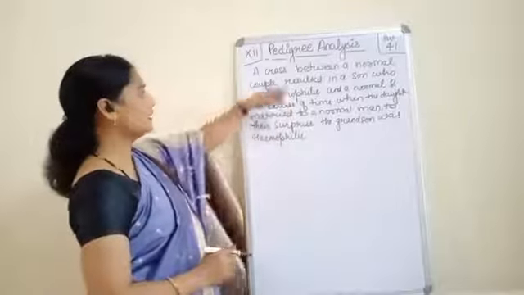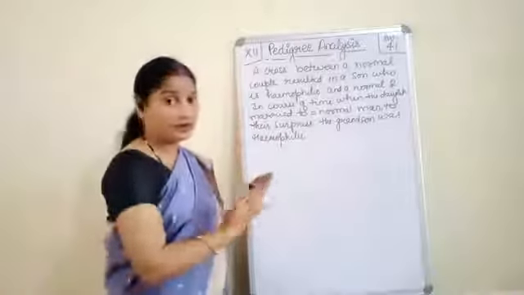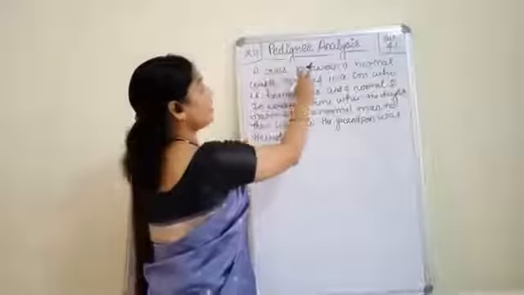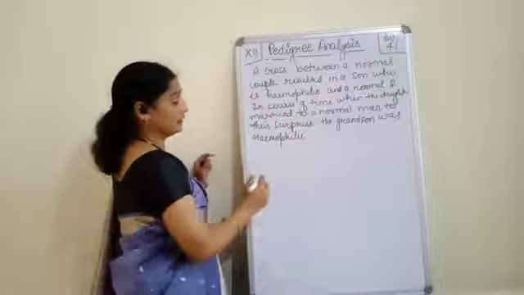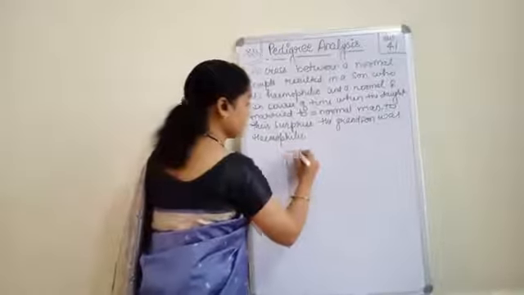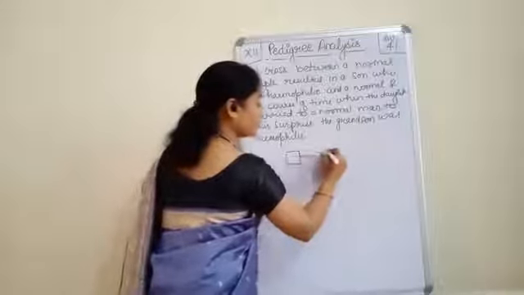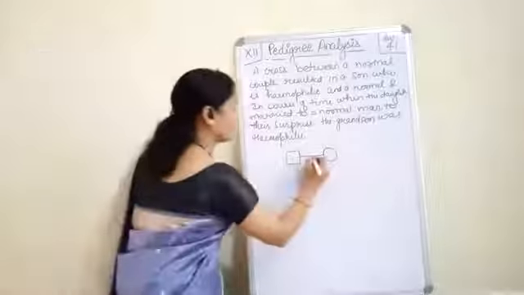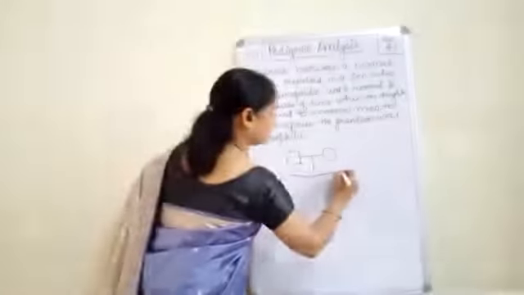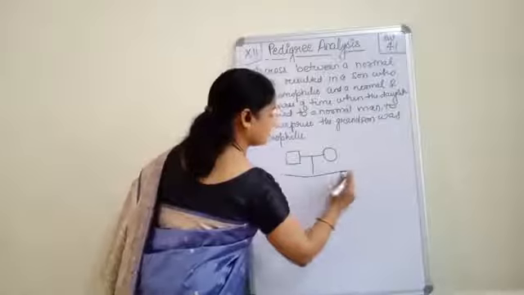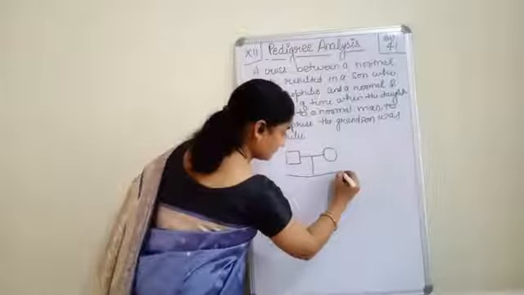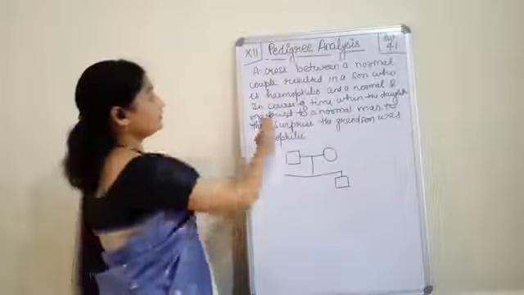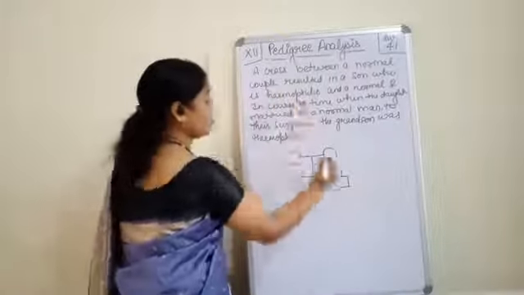Now see, we have to make a pedigree analysis chart. Now what is the question? A cross between a normal couple resulted in a son who is hemophilic.